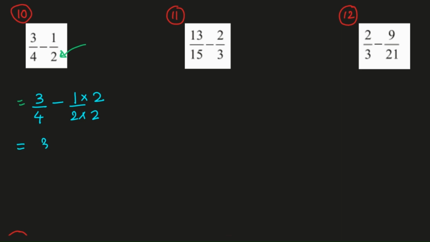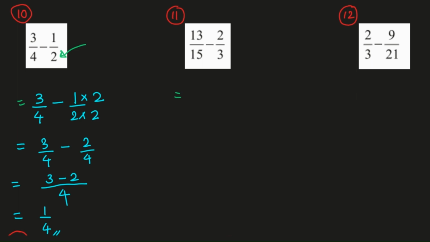So the answer will be 3 upon 4 minus 2 upon 4. Here the denominators are same, so I'm putting 4 as it is. In the numerator part, I'm writing it as 3 minus 2. So the answer will be 1 upon 4. Right.